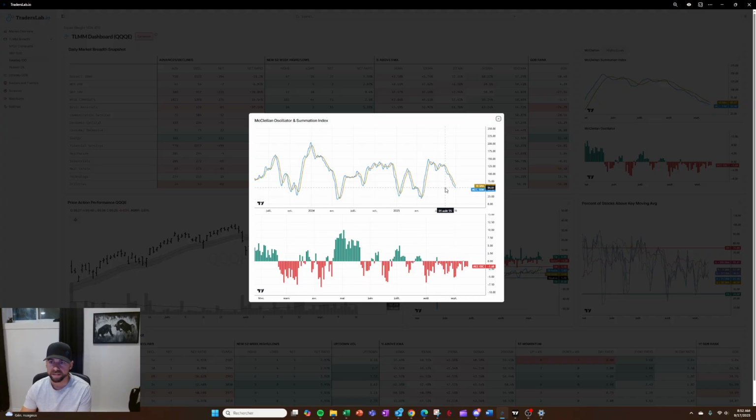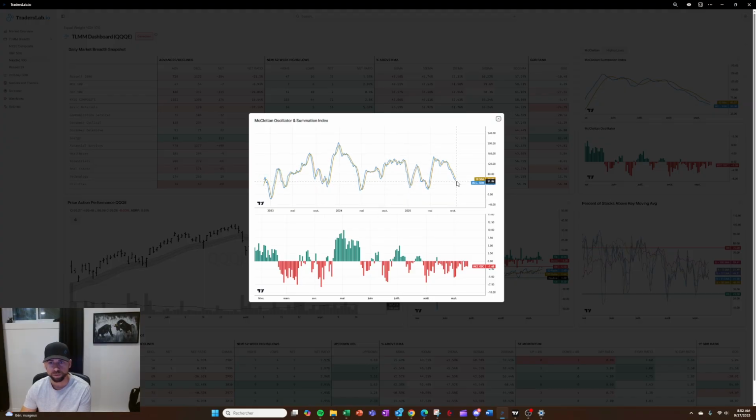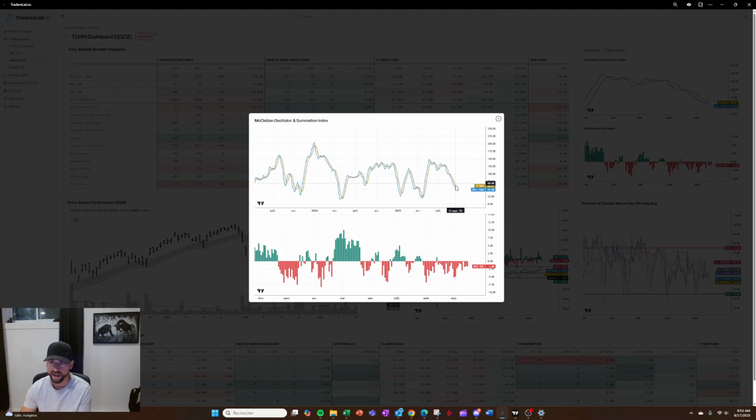But personally, what I see is a stealth consolidation, a digestion of the April rally, and we now have a lot of room to the upside. In fact, we have more room to the upside than to the downside right now, because of the way breadth went in a downtrend, contracting for a few weeks.